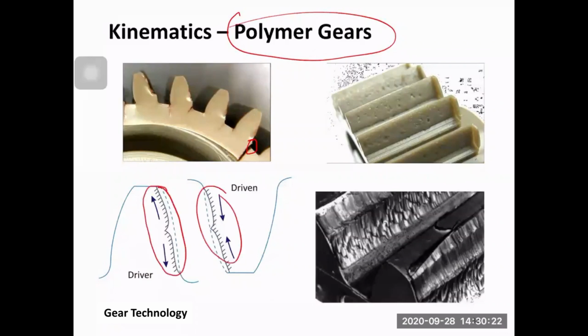Okay, so on the driver, for example, it is under tension, so it is like this. So the face of the gear here is under tension, and the face of the gear here, or the profile, is under compression. And if you look at this picture here, under the microscope, the scanning electron microscope, something called SEM, they found that this is something similar.